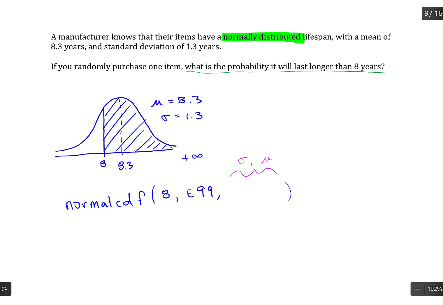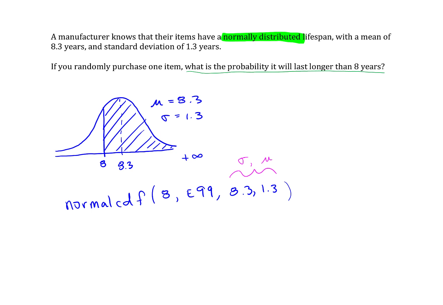So in this case, the mean is 8.3, and the standard deviation is 1.3. And this is very convenient because it will calculate the z-scores for you.